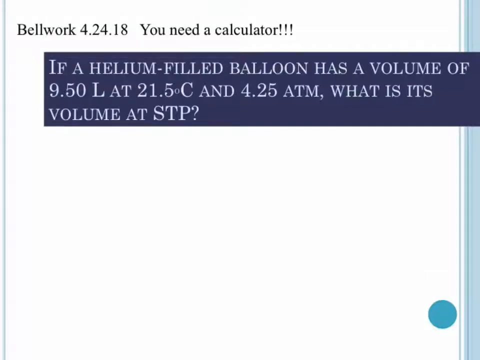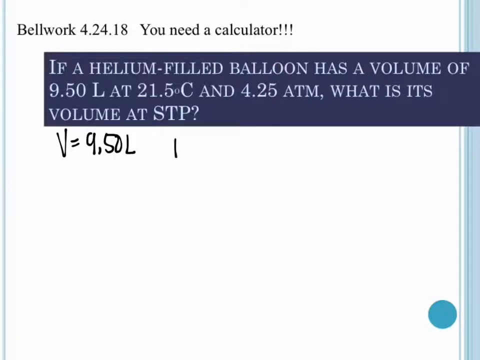Okay, so 37.42 liters. So let's see. We have a helium-filled balloon and it has a volume of 9.50.